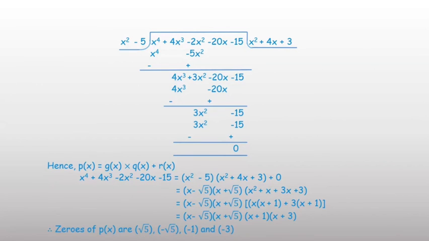It implies there are 4 zeros of p(x): root 5, minus root 5, minus 1 and minus 3. That is the process to find all zeros of any polynomial whose degree is 4 if 2 zeros of the polynomial are given.